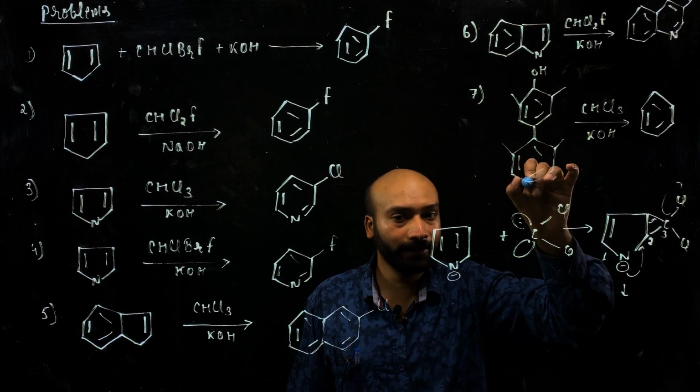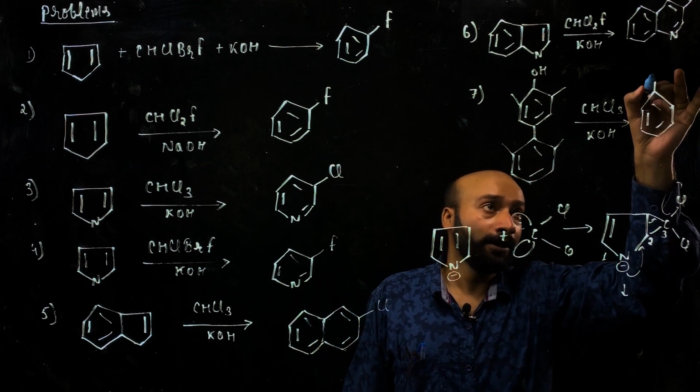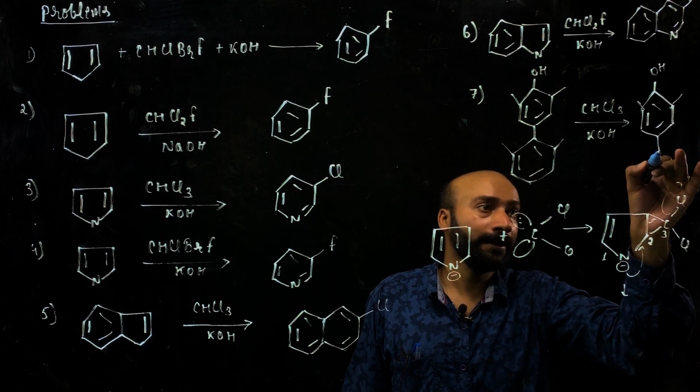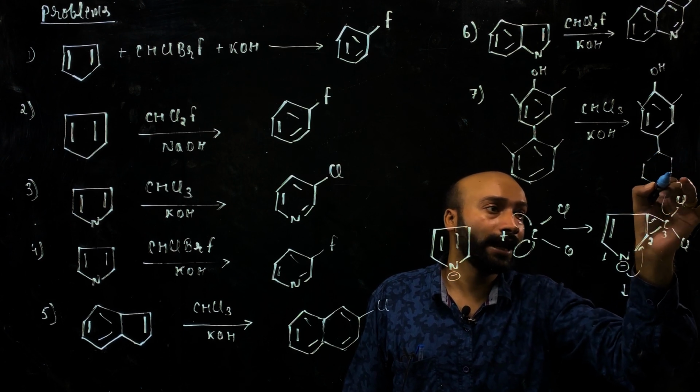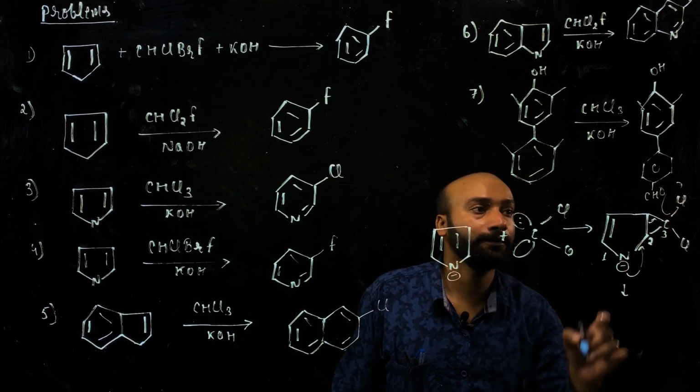So here is the site available for the attack. In this reaction, all sites are blocked. All will be the same, and CHO will attack in that position. So in this reaction CHO will be here.